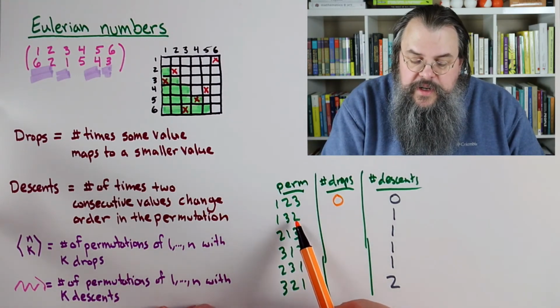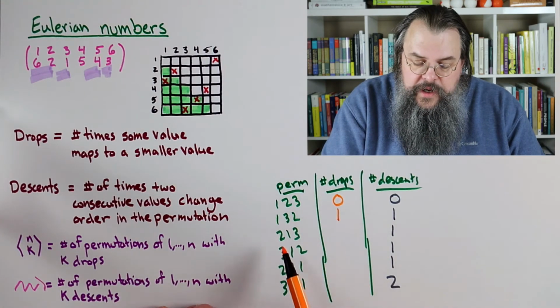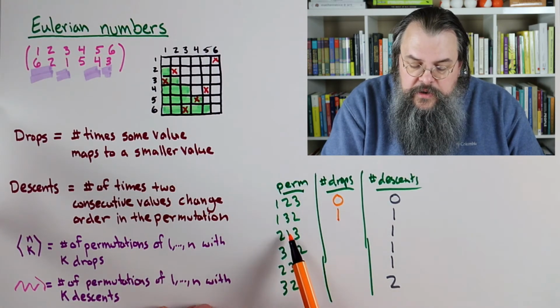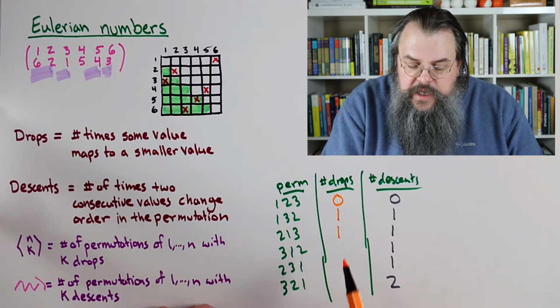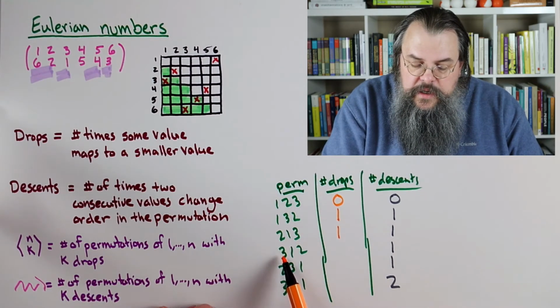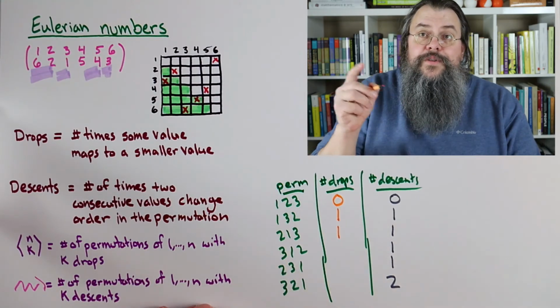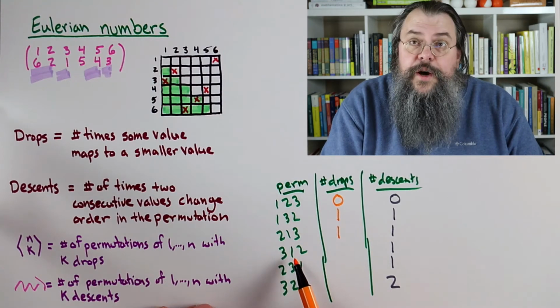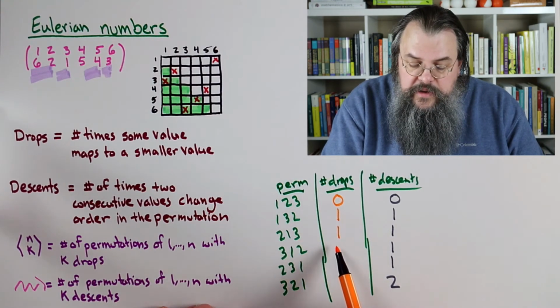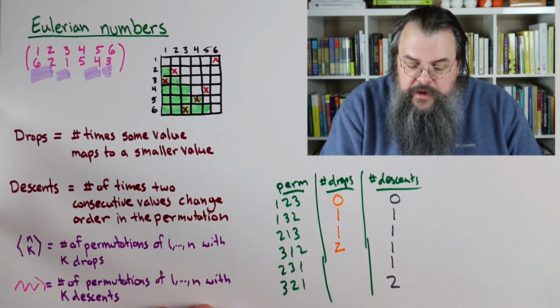But 3 went down to 2, so 1. For 2, 1, 3: 2 went down to 1, 3 stayed where it is, so 1 again. For 3, 1, 2: 1 went to 3, that's not a drop. 2 goes to 1, that's a drop, and 3 goes to 2, that's another drop. So there's actually 2 there.